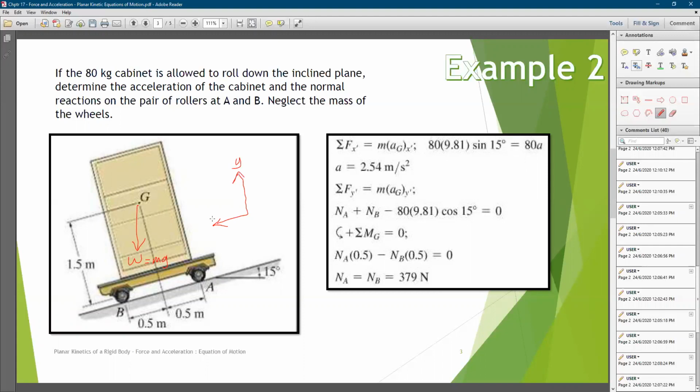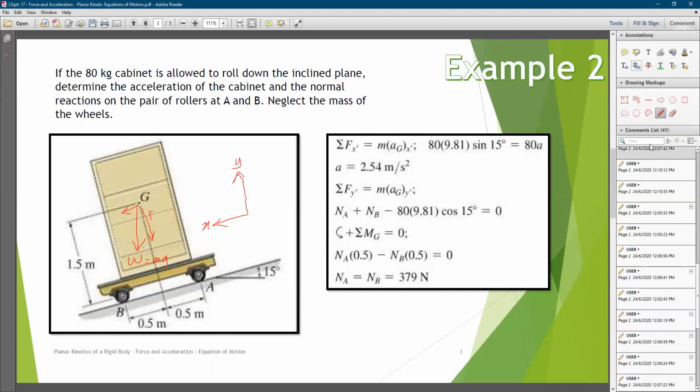It is our y, and it is our x direction going that way. This x here is parallel with this inclined plane. Now since we know that the weight is pointing towards the ground, there will be the x and y component of it. The y component is going that way, and the x component is pointing that way.